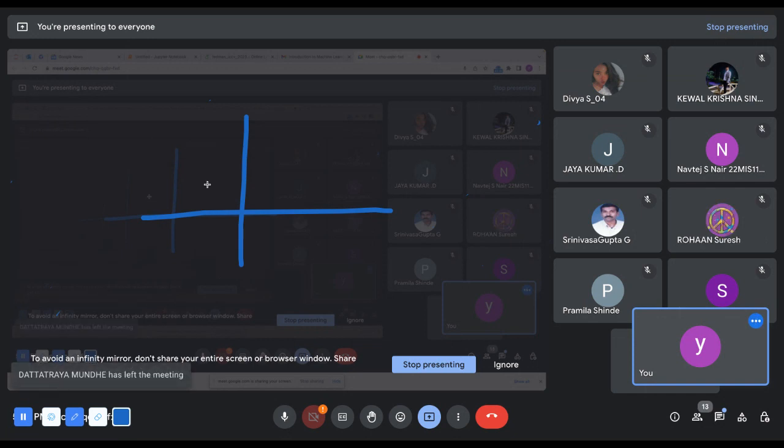Okay. So you have only one example here, which is positive, and I have a negative example here.